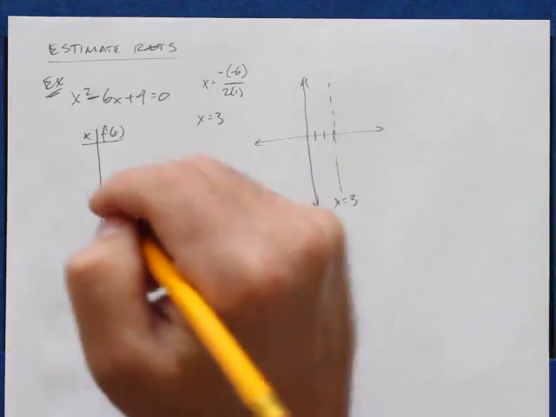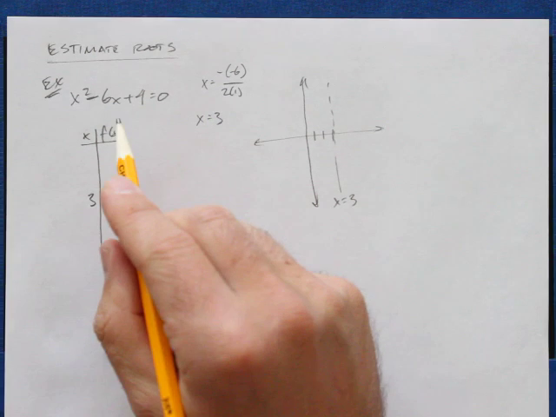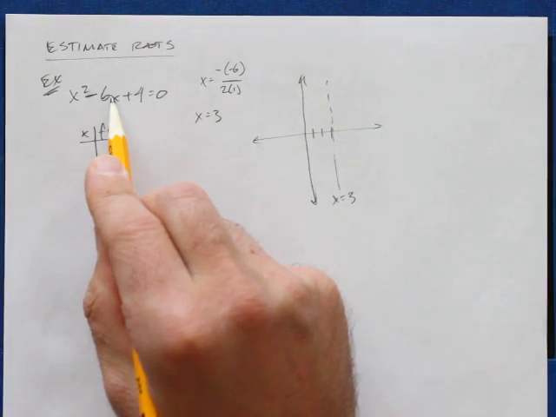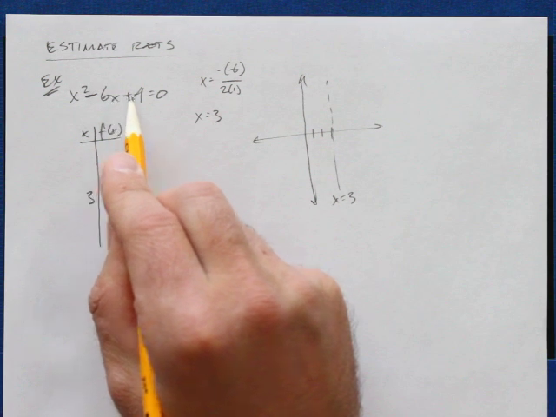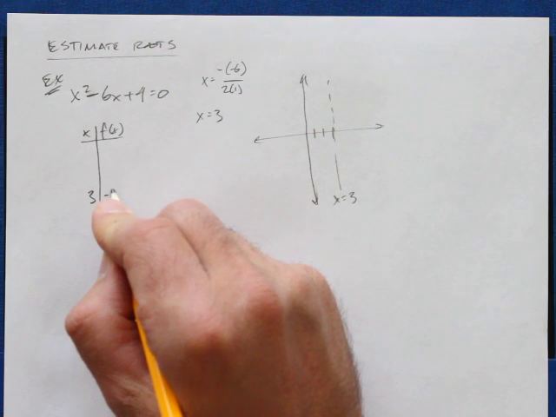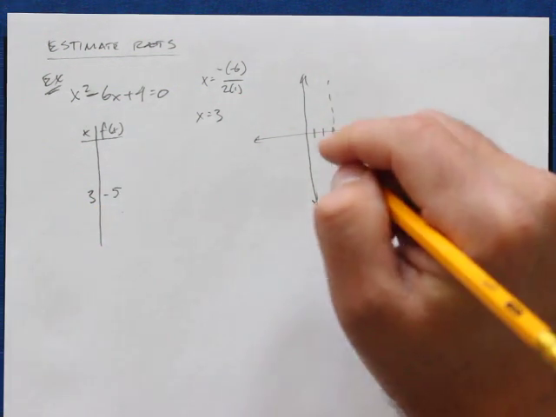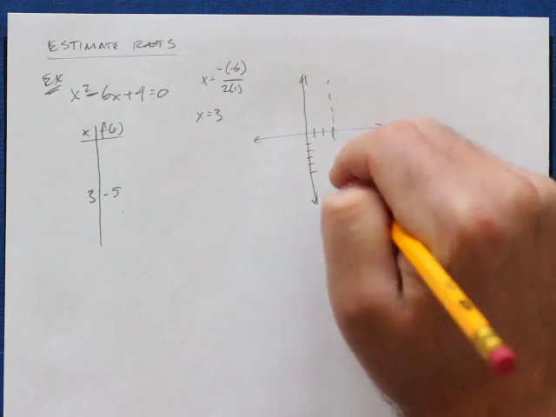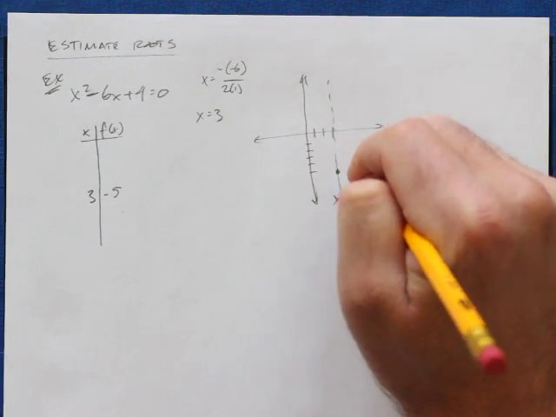Now, when x is 3, if I plug 3 back in here, I've got 9 minus 18, which is negative 9 plus 4. Negative 9 plus 4 is negative 5. So there's my vertex. 1, 2, 3, 4, 5. 3, negative 5.